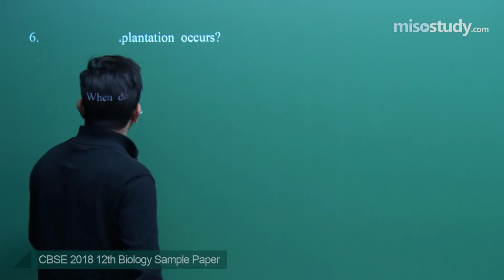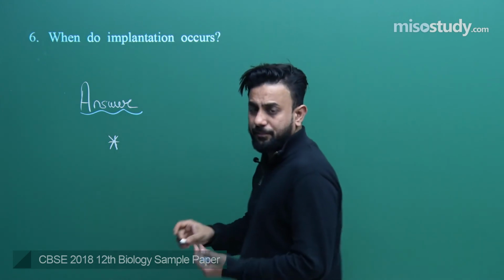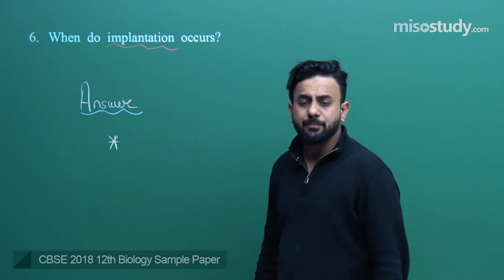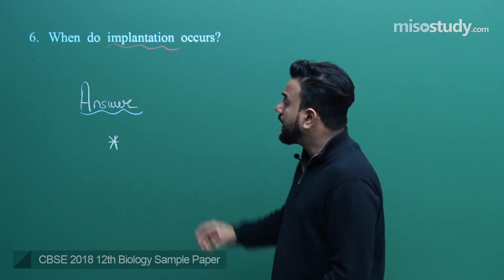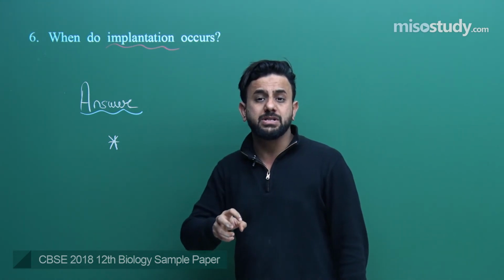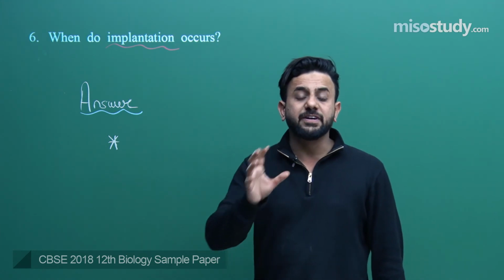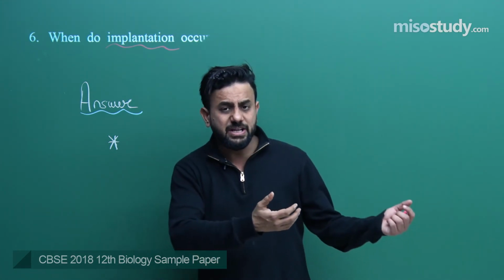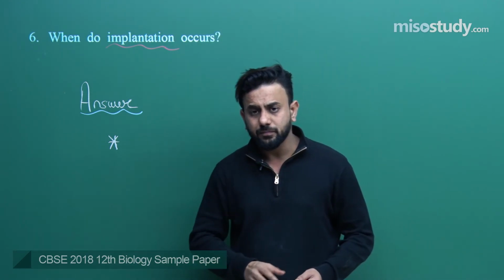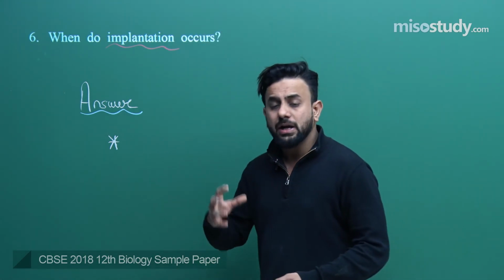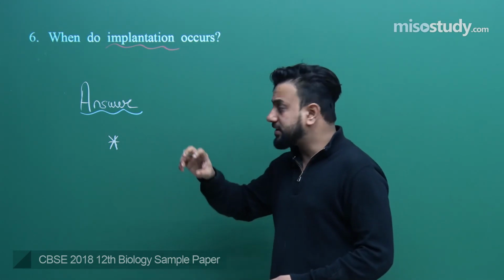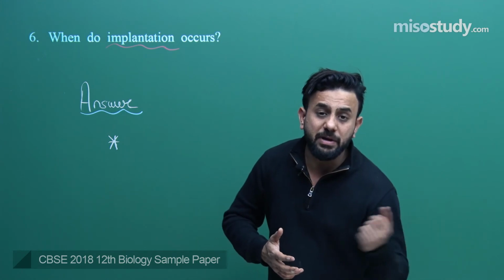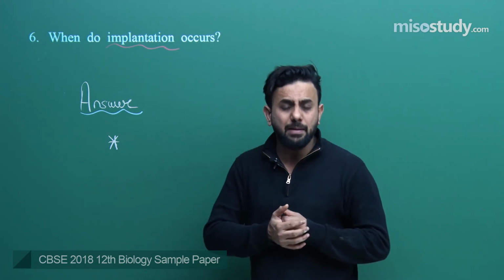First of all, let us see what is implantation. Implantation is the attachment of the fertilized egg. Let's come from the initial step. What has happened? The female gamete has united with the male gamete.